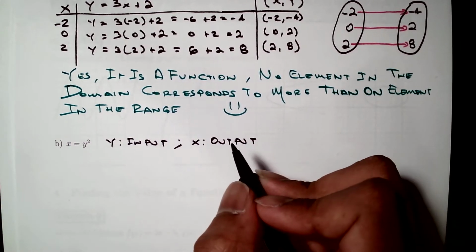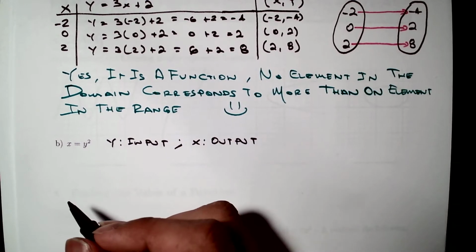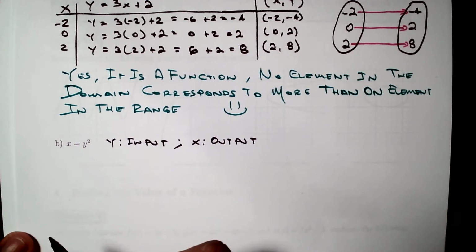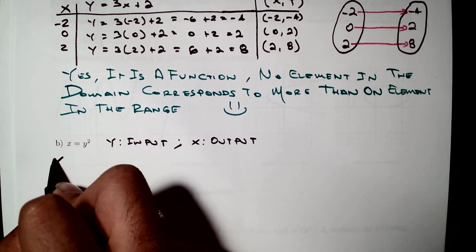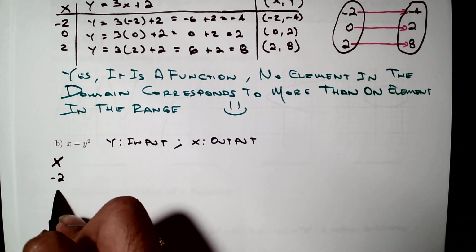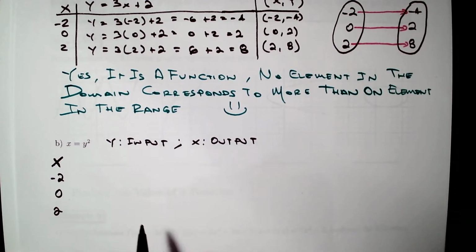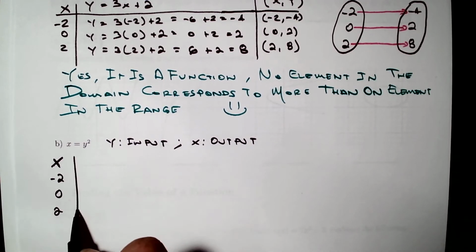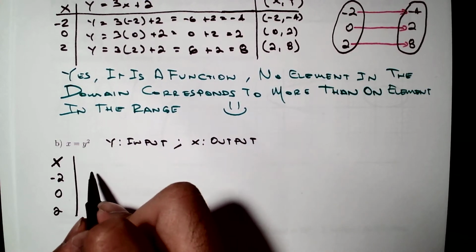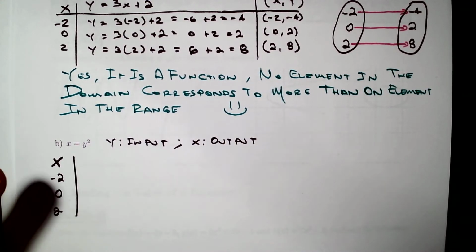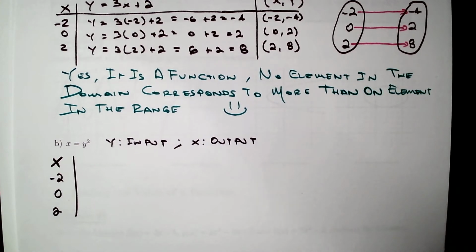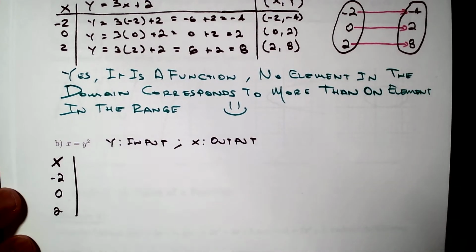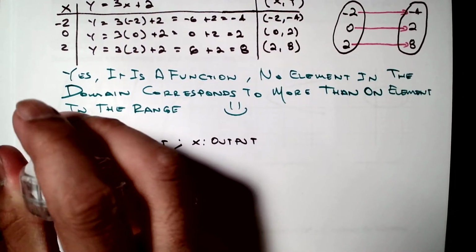So I'm going to make a quick table of values. Like X, I'm going to take the same values, -2, 0, and +2. Okay, I'm going to evaluate this in, oh wait a minute, this is not X. This should be Y, because Y is the input in this case. So let me correct this.